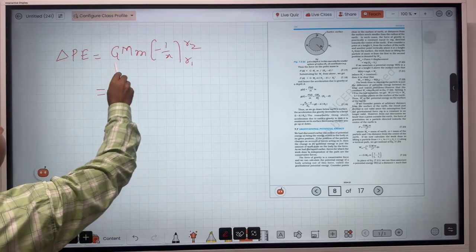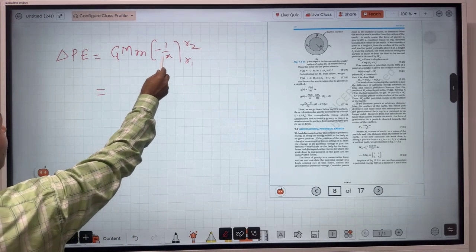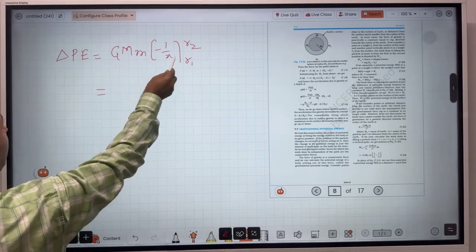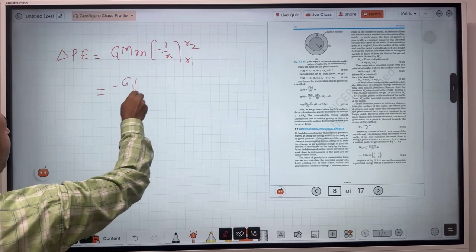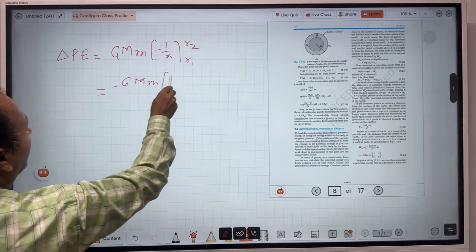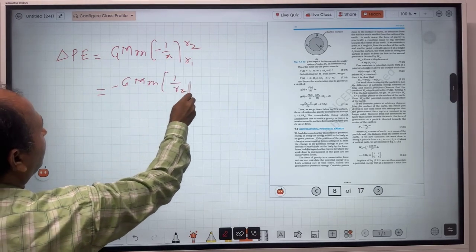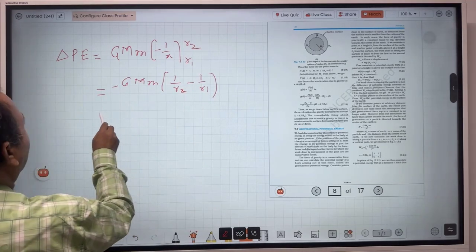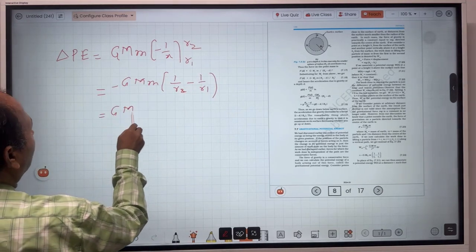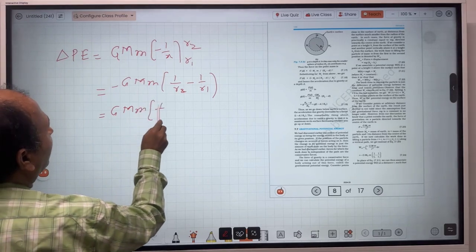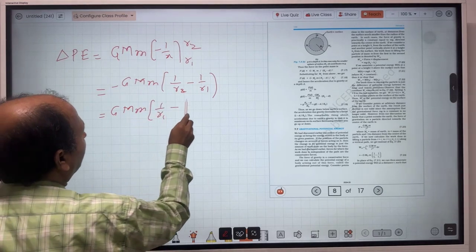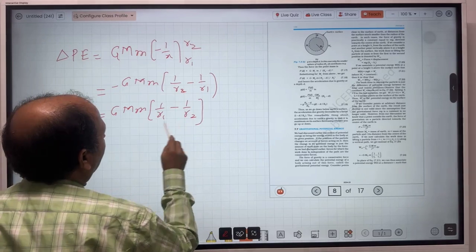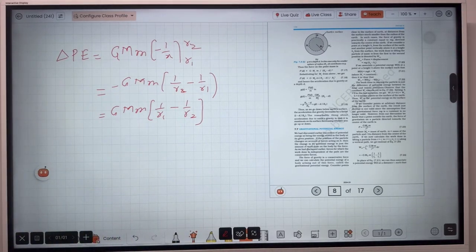So this will become, if you take the minus sign outside or just keep it there, whatever, GMm, then 1 upon r2 minus 1 upon r1, right? Or GMm, 1 upon r1 minus 1 upon r2, right?